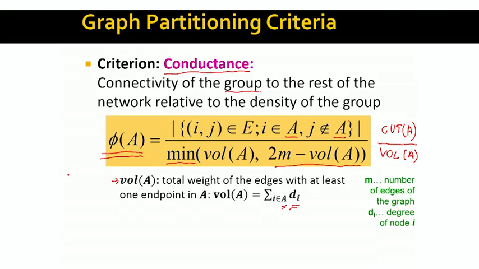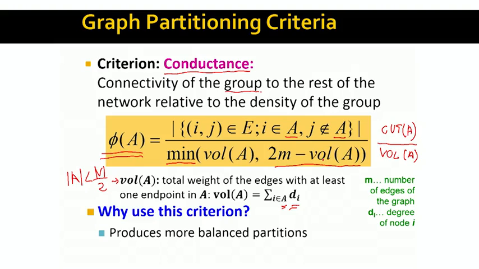So the good thing to think about is that the size of set A is less than the number of vertices divided by 2. And then the 2m minus volume of A never takes over. So that's basically the idea. And why would we want to use this criterion? Because it produces more balanced partitions. In some sense, it produces clusters that are of comparable sizes.